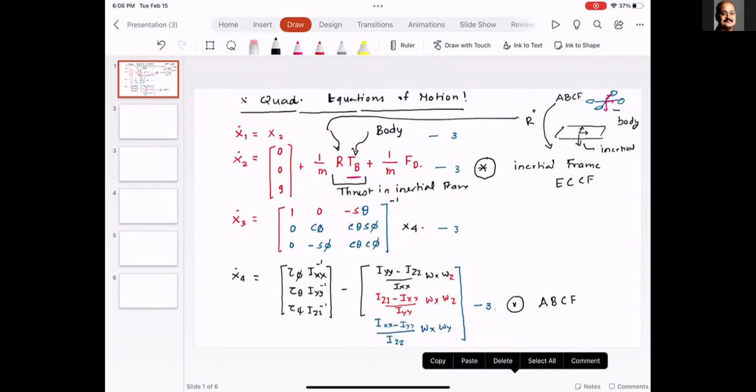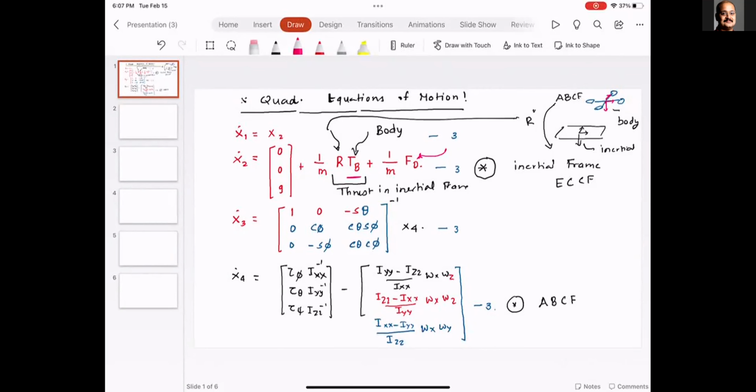This Fd is the drag, and this drag is found in the inertial frame. So the second set of equations are in inertial frame, and the last three equations are in the aircraft body coordinate frame.